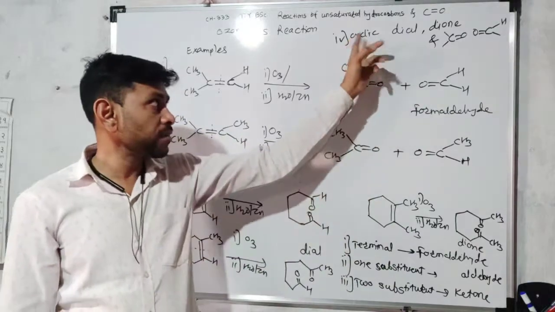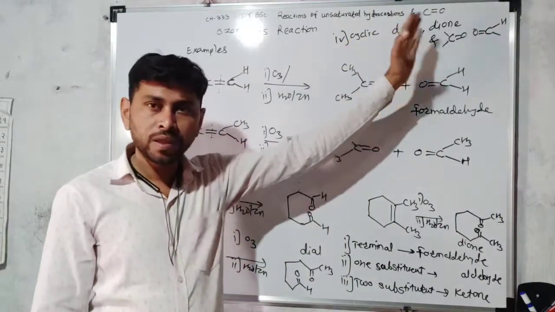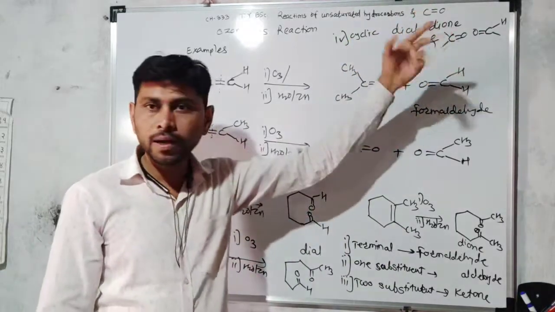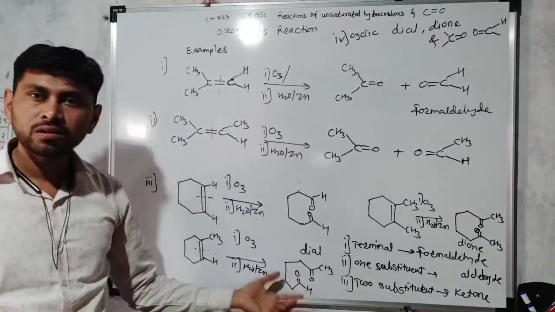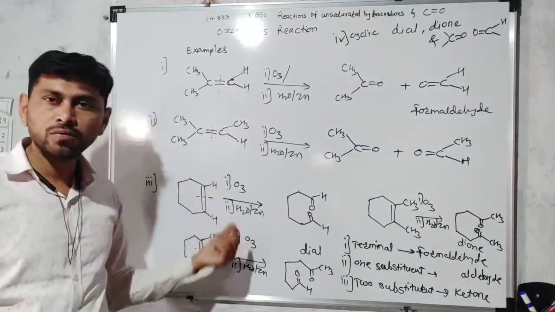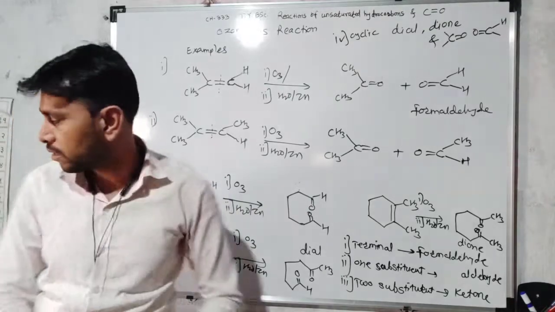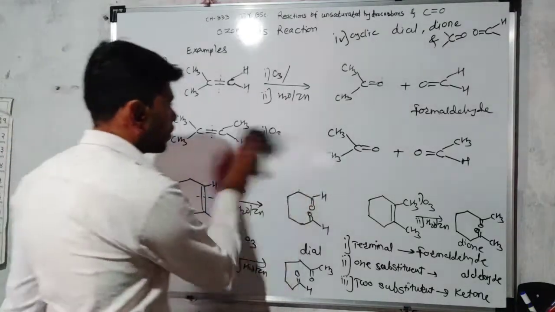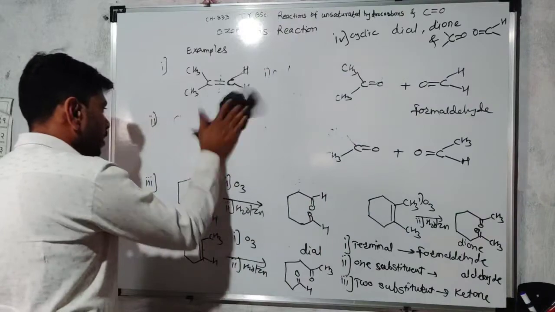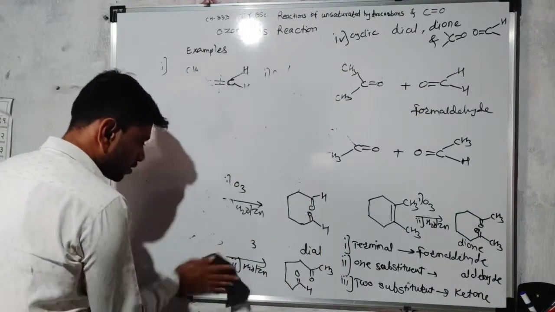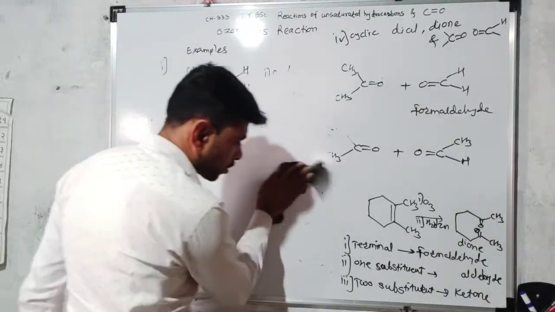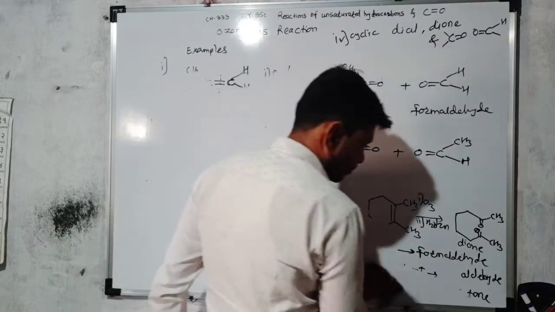And if cyclic, then we may obtain a diol or one aldehyde and one ketone in the product. So that depends on the structure of the alkene. These are some examples of the ozonolysis reaction and some observations from these examples.